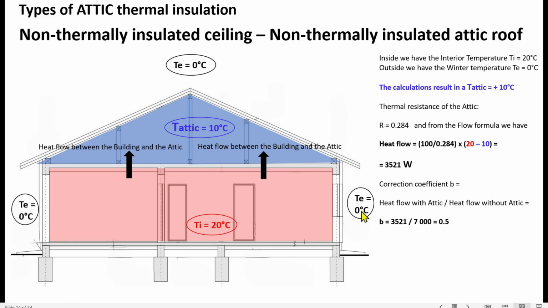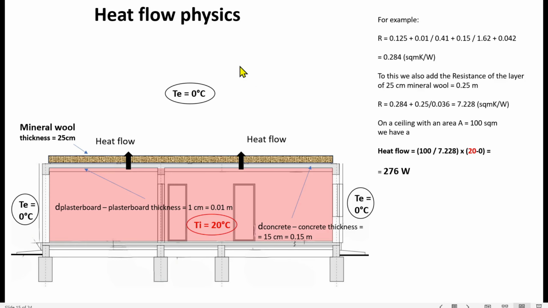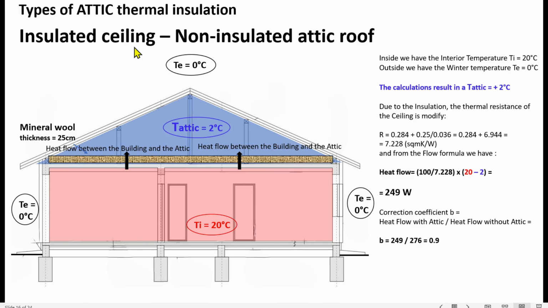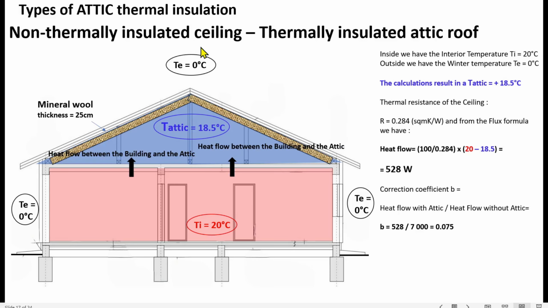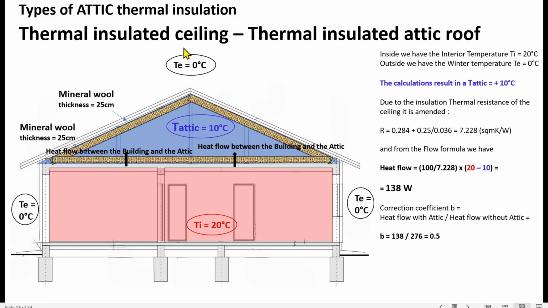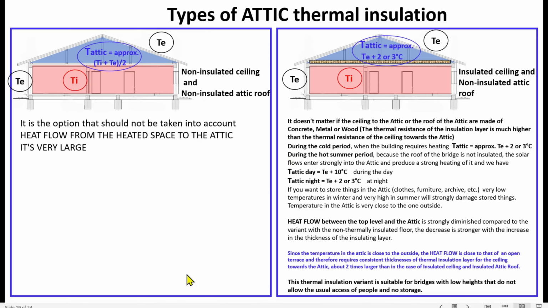These are the calculations for non-thermally insulating ceiling and non-thermally insulating attic roof; insulating ceiling and non-insulating attic roof; non-insulating ceiling and thermally insulating attic roof; thermally insulating ceiling and thermally insulating attic roof.